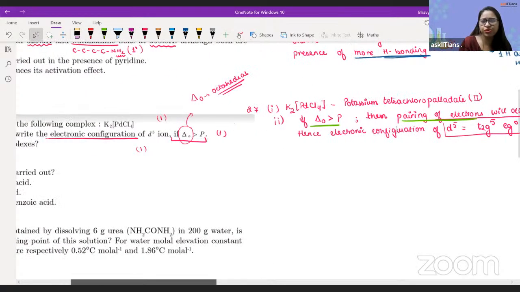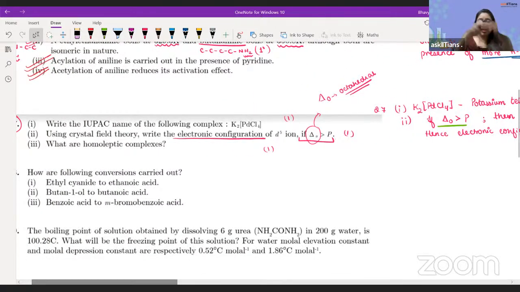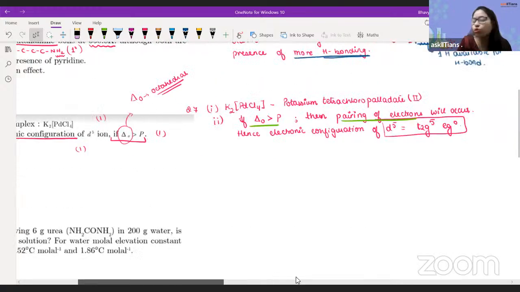It's a 1 marker question, so you do not have to explain much about it, or draw the diagrams technically. Okay. It's not mandatory that you draw the diagrams. Even if you are drawing, not a problem.